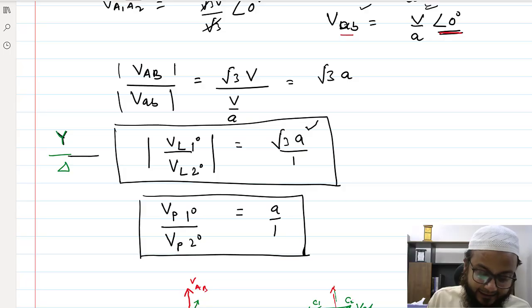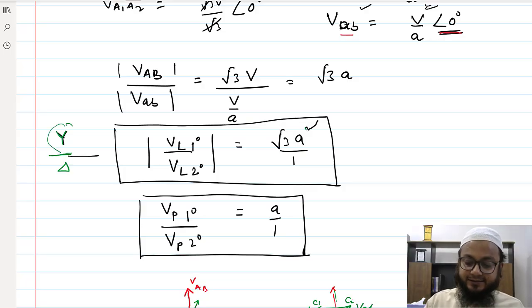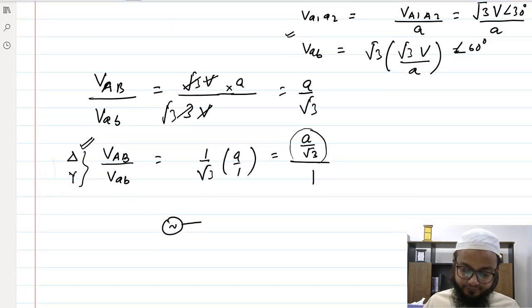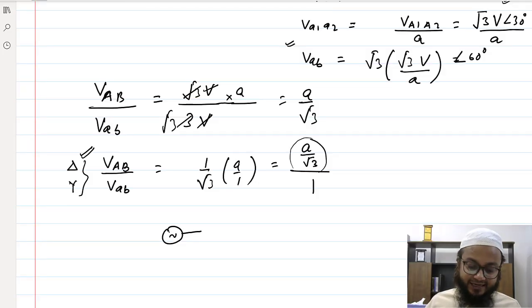So at the star side, if you'll see, your turn ratio has itself increased by root 3 times compared to the phase voltages. Or the other way around, we can say that for the delta side, your turn ratio has reduced.